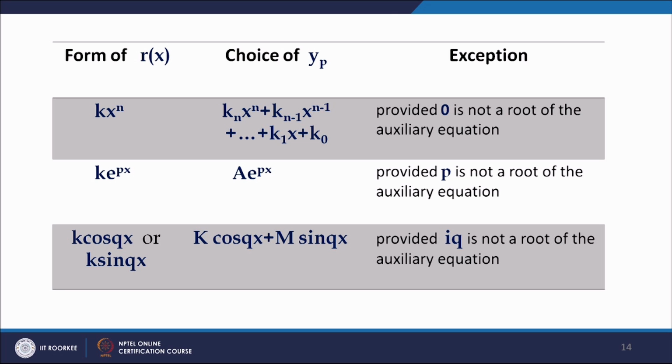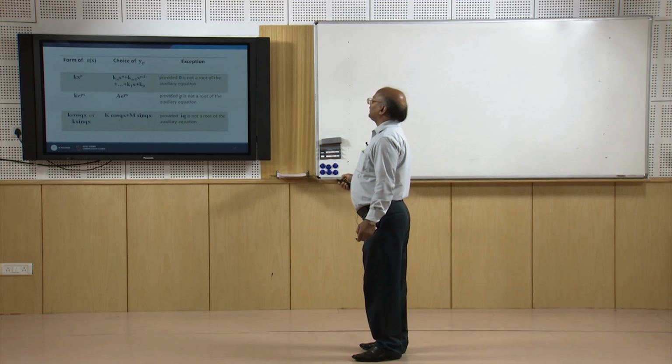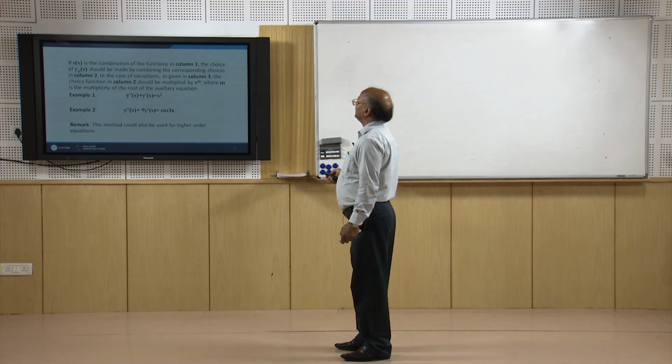If Rx is k cos qx or k sin qx, then the choice of yp(x) will be taken as k cos qx plus m sin qx provided iq is not a root of the auxiliary equation. Now these are the exceptional cases. When 0 is a root of the auxiliary equation, or p is a root, or iq is a root of the auxiliary equation, what choice of yp(x) we will have to make is given in the next slide.